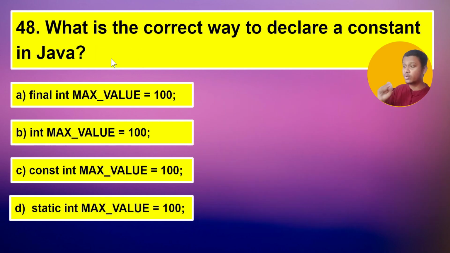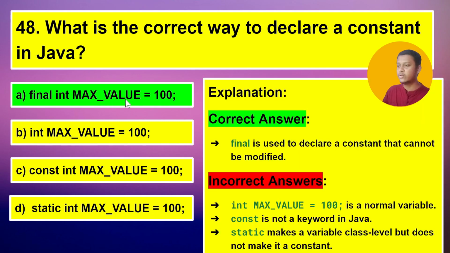Our next question is, what is the correct way to declare a constant in Java? Final int max value equal to 100, int max value equal to 100, const int max value equal to 100, or static int max value equal to 100. So here the correct answer will be final int max value equal to 100, because final is used to declare a constant that cannot be modified further.